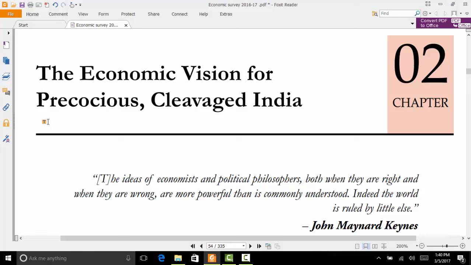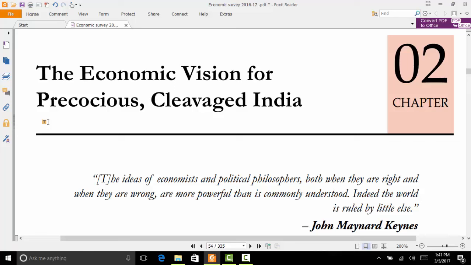For example, if the demographic dividend peak for hinterland will come around 2040, and it is realized by 2030, that is kind of precocious. Cleavaged means divisions. Divisions could be in different ways: caste could be one reason, income could be another way of cleavage. So I believe you understand cleavage.